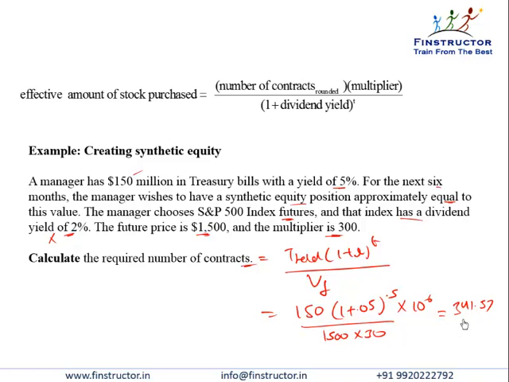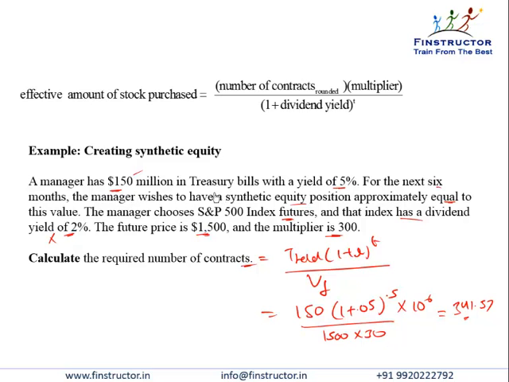So then we will end up longing 342 contracts to completely equitize this $150 million equity or treasury position.